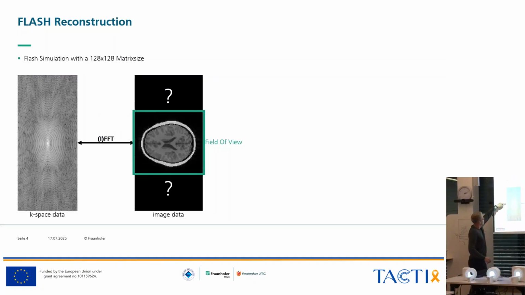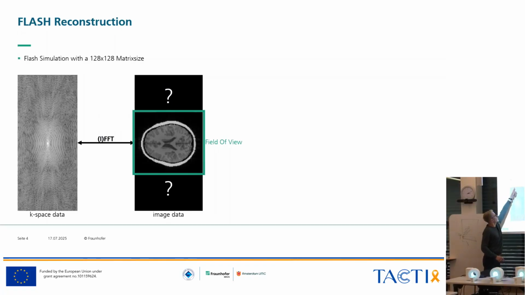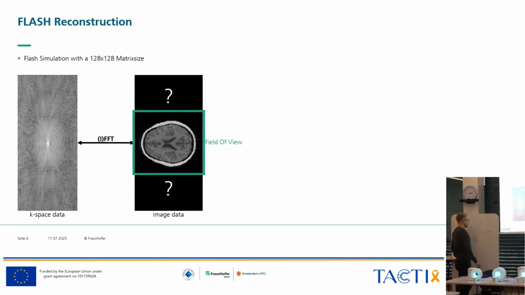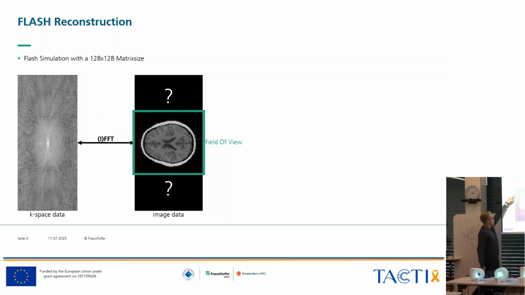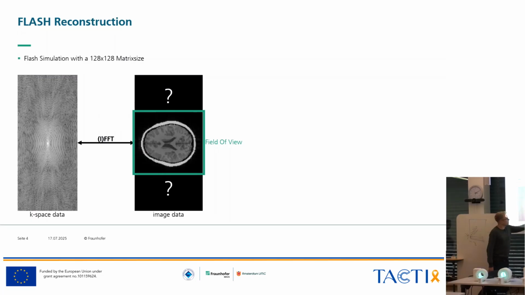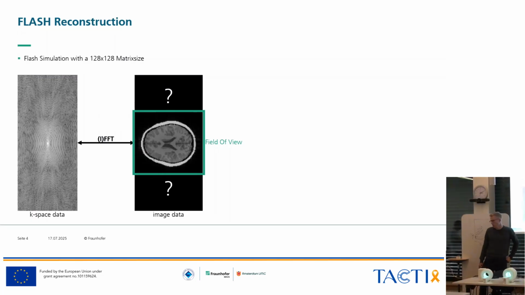So this is the data you acquire during one of those readout gradients, and then you step through K-space in that direction to acquire one additional line. So this is acquired in the readout direction with half of the K-space spacing in the phase encoding direction. This results in a field of view which has double the size.